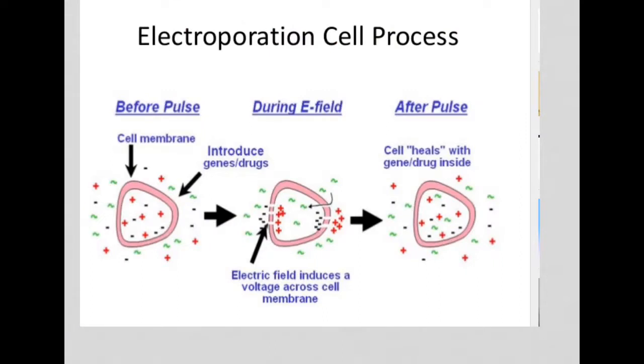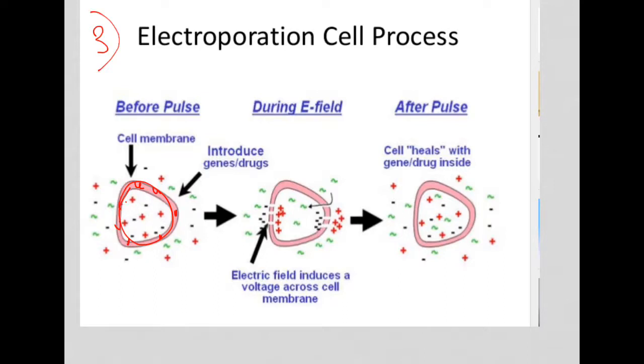Next comes the electroporation method. An electric current is applied across a cell membrane. Suppose this is a cell, and electric current is applied. Then what will happen? There will be pore formation in the cell membrane.